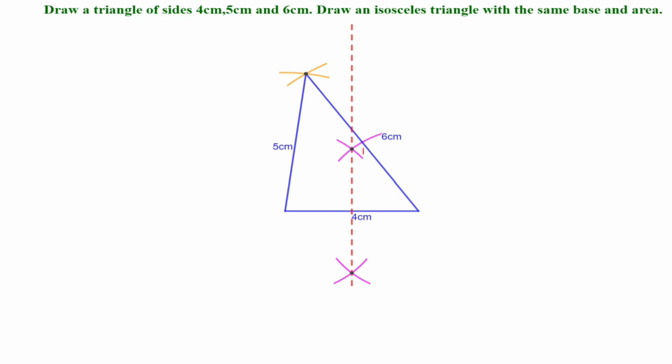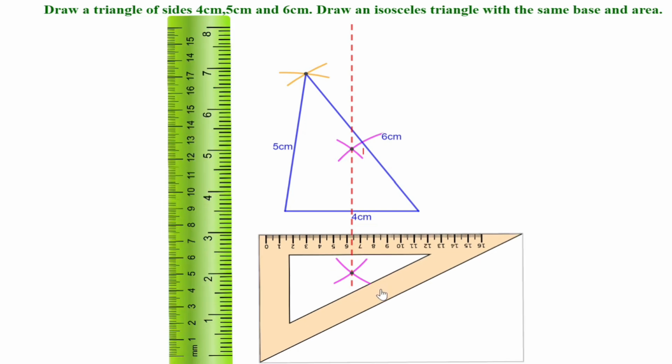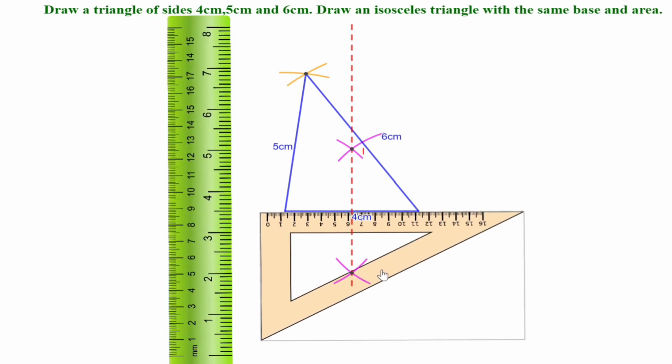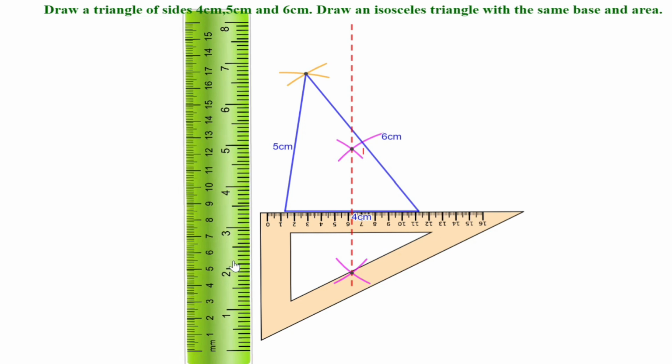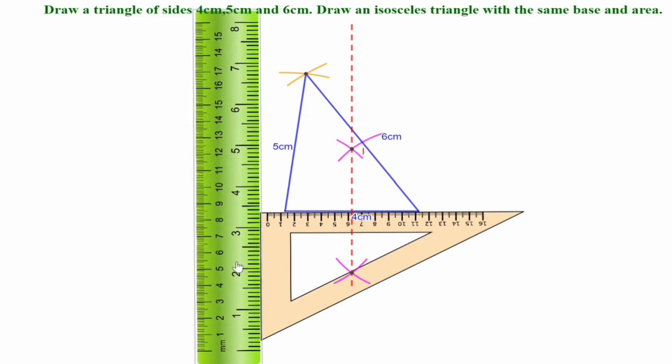triangle. How can we draw a line parallel to the base? For that we need our set square and our ruler. Now place the set square on the line like this and hold it firmly. Now place the ruler next to the set square like this.